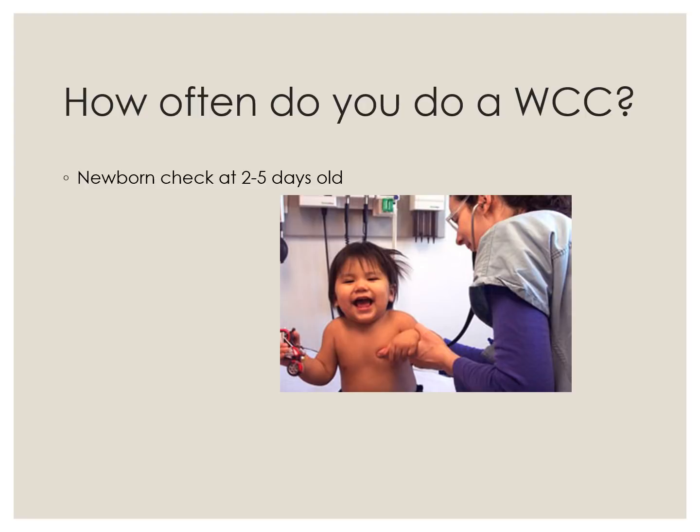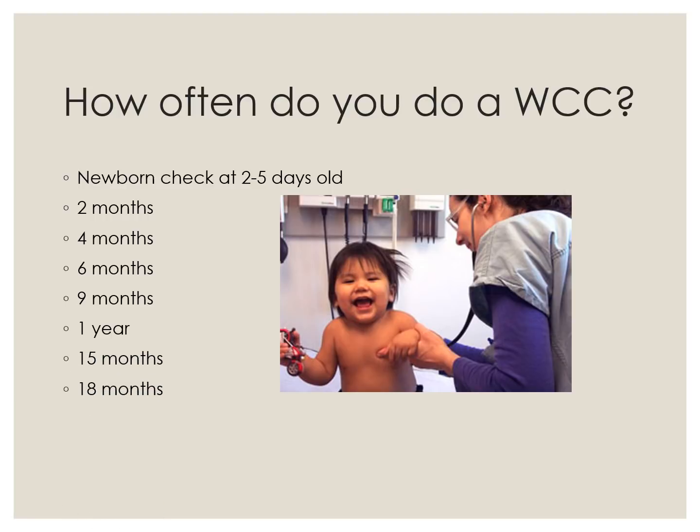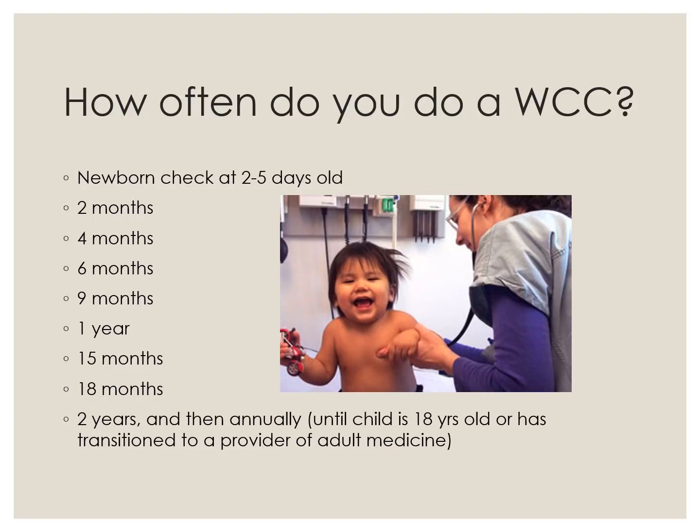Then we're going to do Well Child checks routinely at 2 months, 4 months, 6 months, 9 months, 1 year, and then continuing to march out, 15 months, 18 months, and finally at 2 years and then annually every year after that until the child is no longer a child, until adult age of 18 years of age, or until they've transitioned over to a provider of adult medicine.